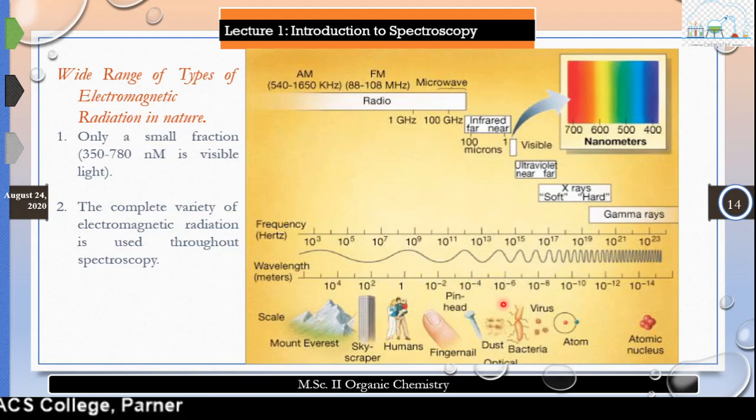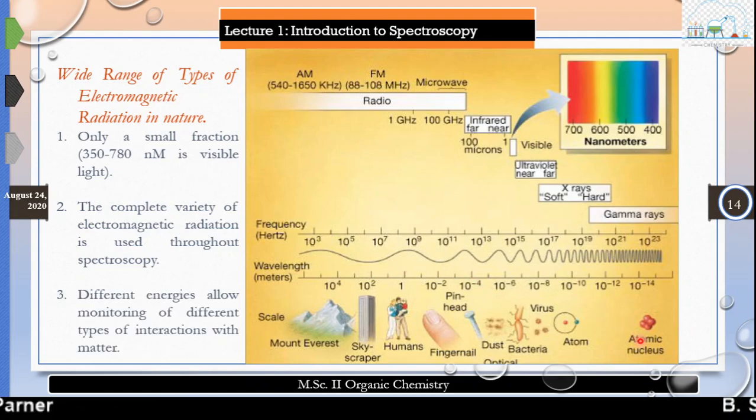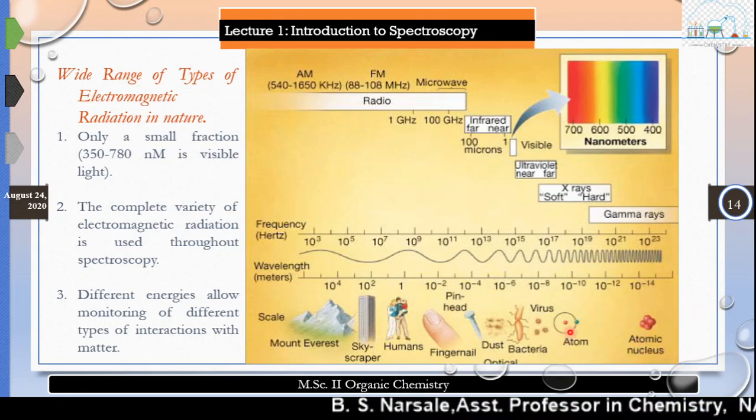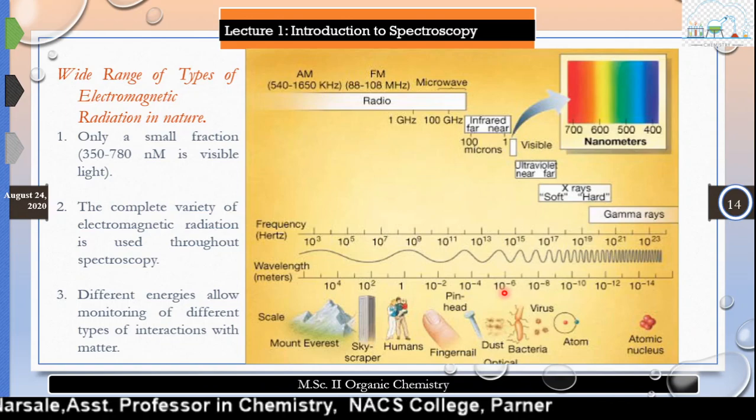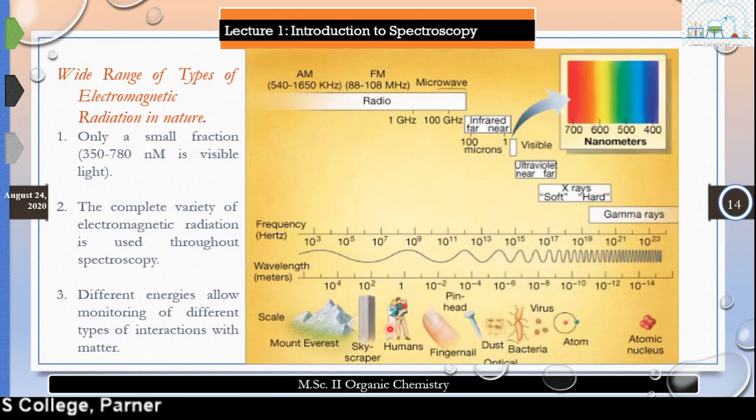If you look at different types of compounds: atomic nucleus 10 raised to minus 14, atoms 10 raised to minus 10, virus, bacteria, dust, pinheads. These are given in centimeter values. Your fingernails, humans, skyscrapers, Mount Everest.